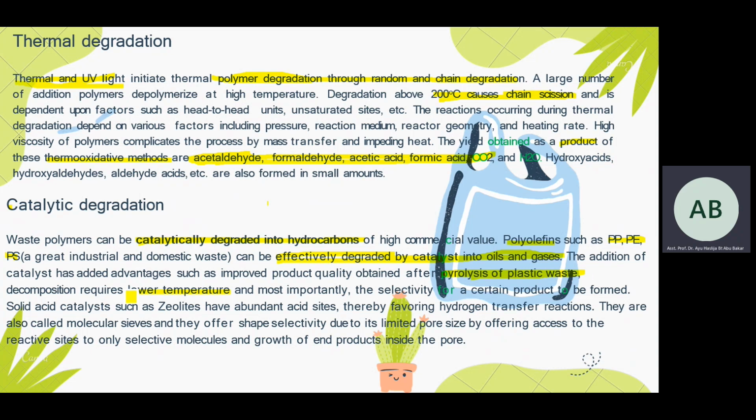The definition of lower temperature here means below around 500 degrees C, because pyrolysis has its specific temperature for the pyrolysis stage. Commonly used is the zeolite.